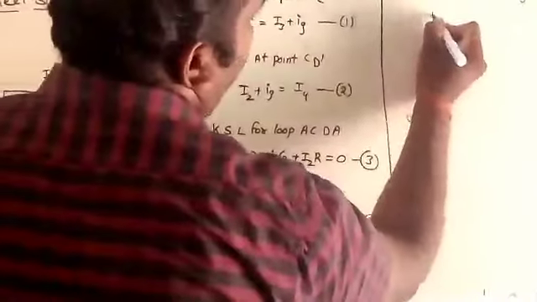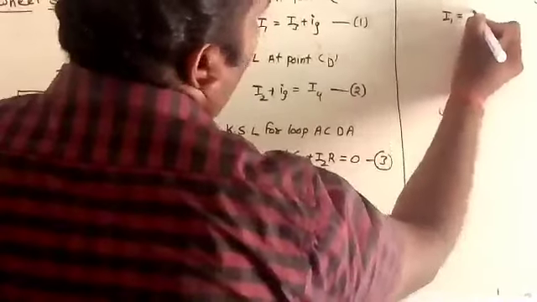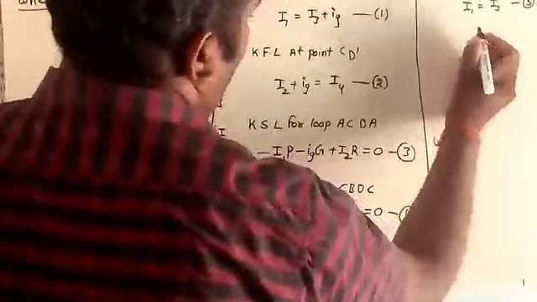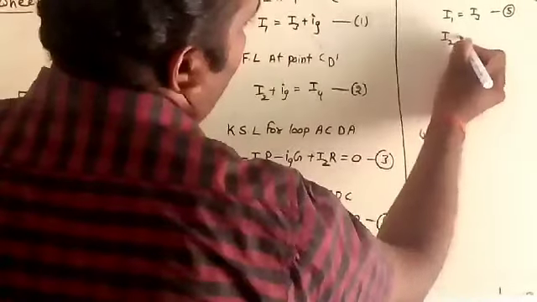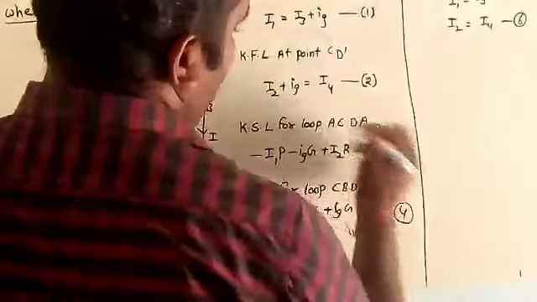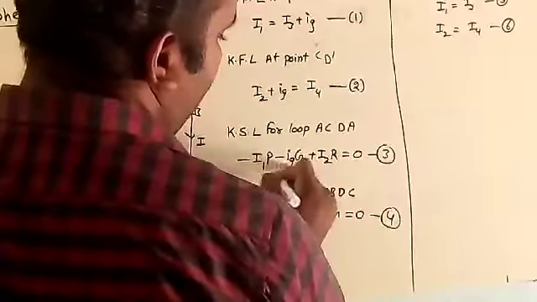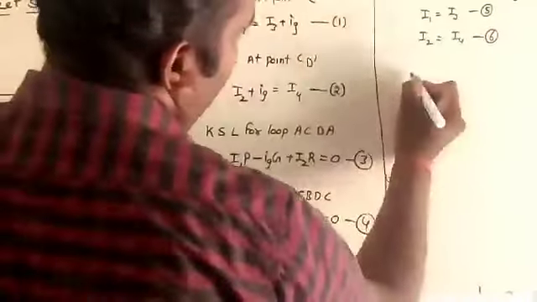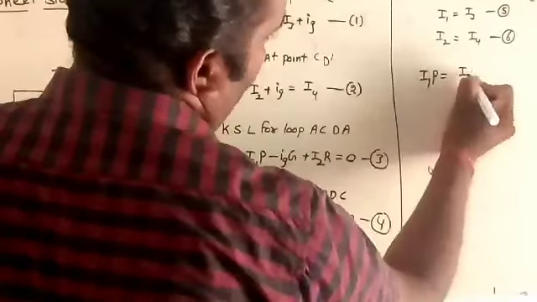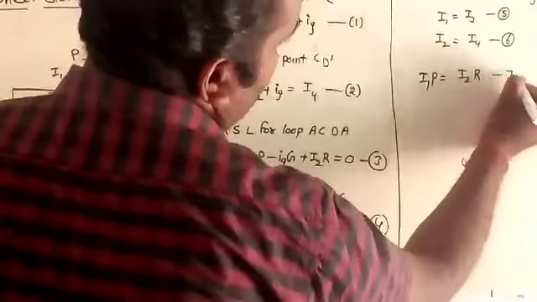First equation, I1 is equal to I3, this is 5. I2 is equal to I4, this is 6. And in the same way here also I can substitute, this is 0. I can write I1P is equal to I2R, this is 7.